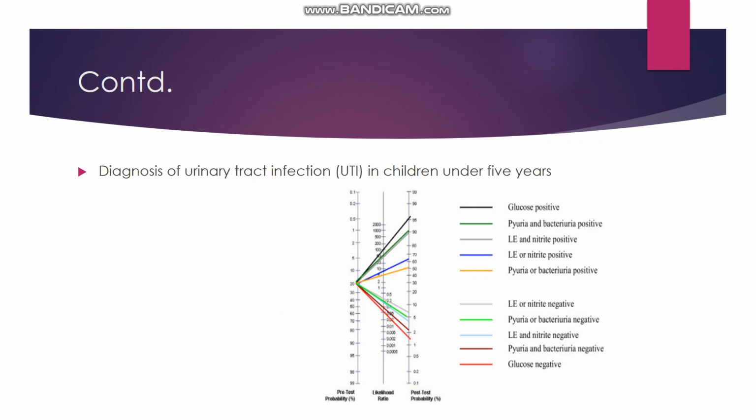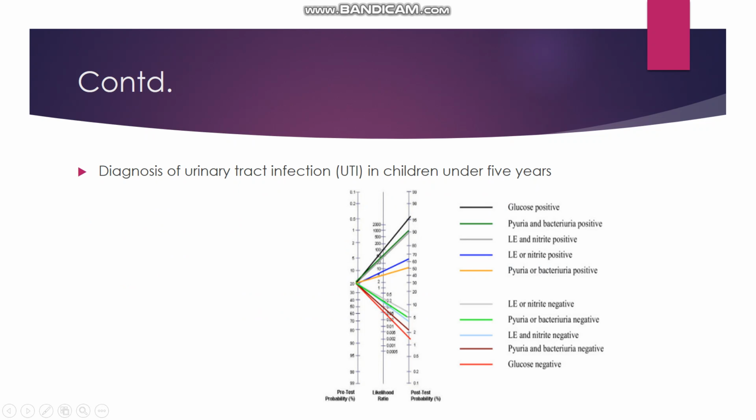Here is an example of a likelihood chart. This is a diagnosis of urinary tract infection in children under 5 years conducted using dipstick test instead of culture. You can see the various criteria in the chart.